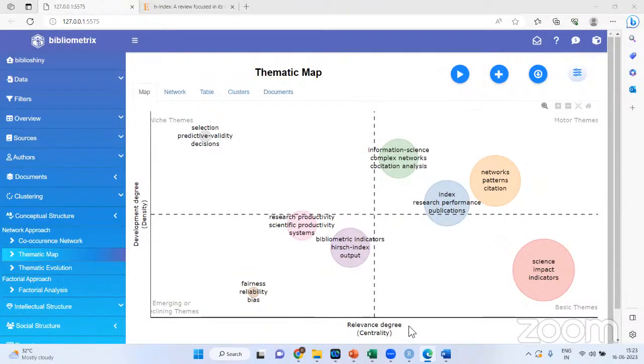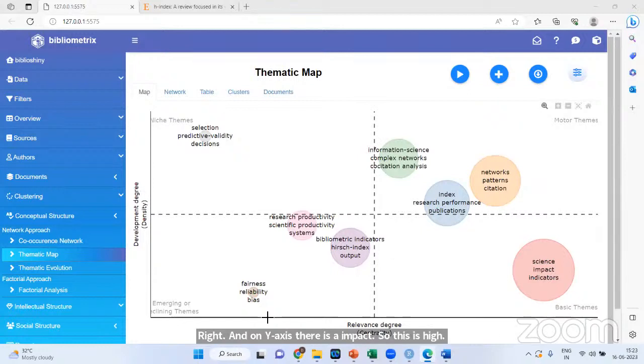Now your x-axis is centrality. Understand centrality as visibility. And on the y-axis, there is impact. So this is high visibility, low visibility, high impact, low impact.